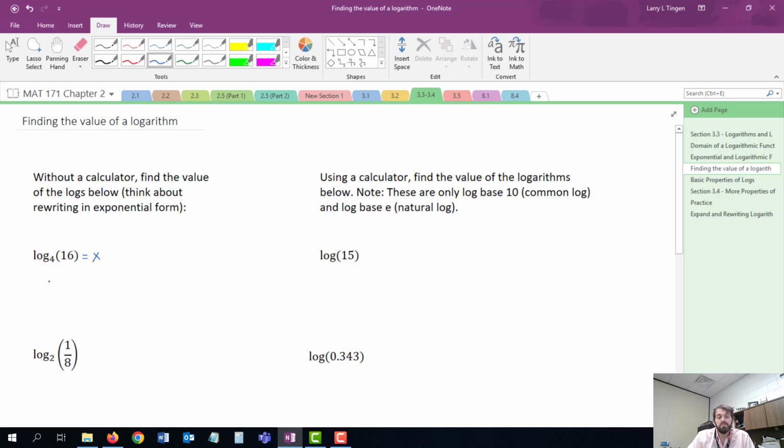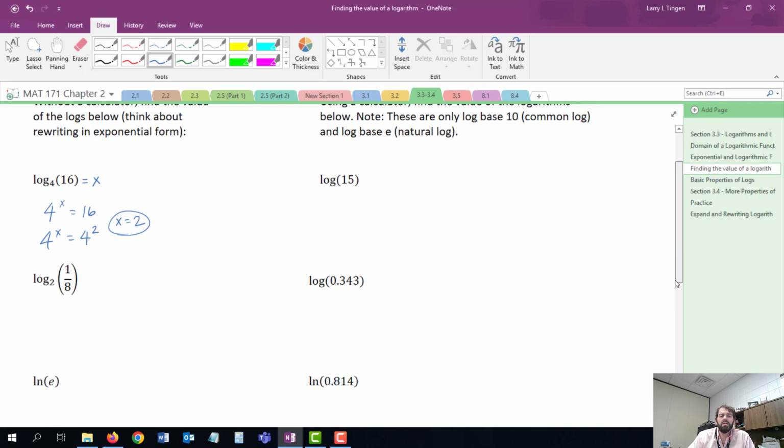If we convert this from logarithmic form to exponential form, that's 4 raised to what number equals 16? And you know how to do this. You could probably do it without the work. If I can get the same bases, the powers are equal, x equals 2.